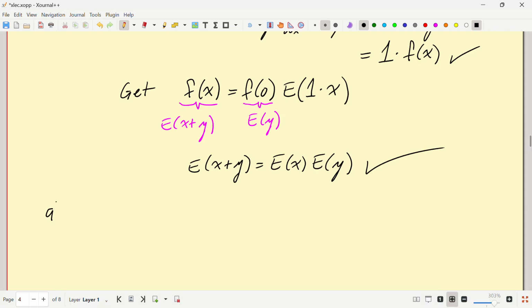Oh, that was number 8. Basic fact number 5 is that e of x is never 0. I know that already. E to the x is strictly positive.